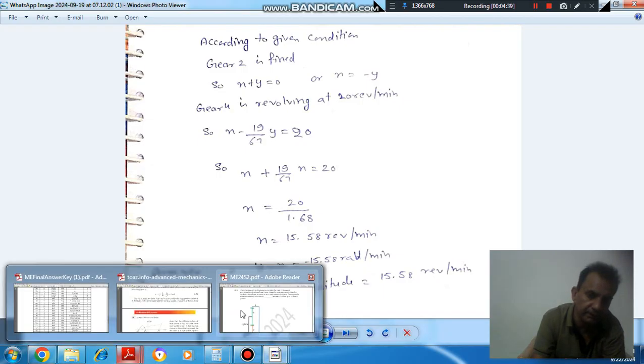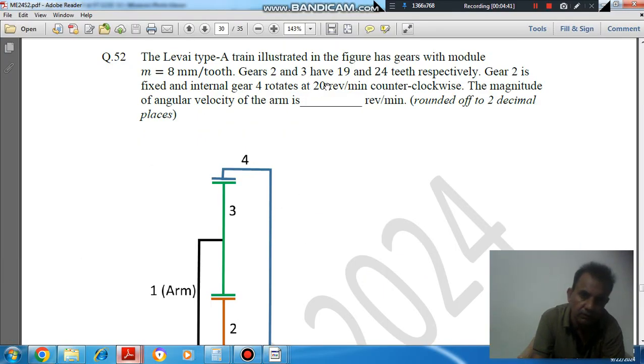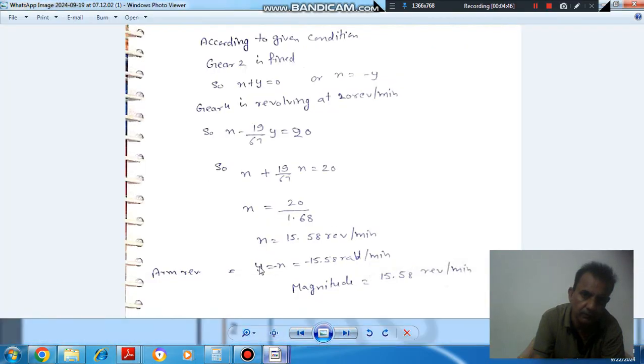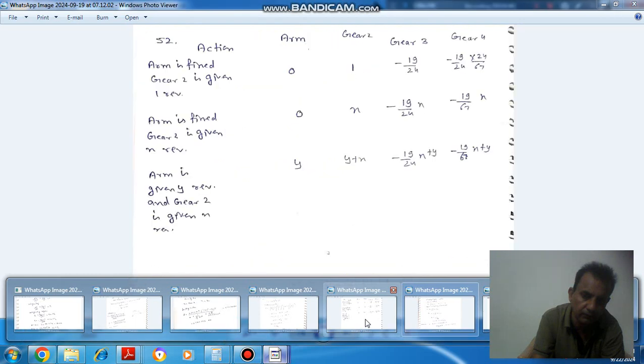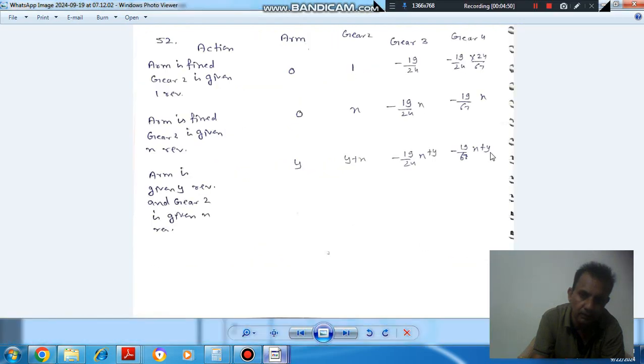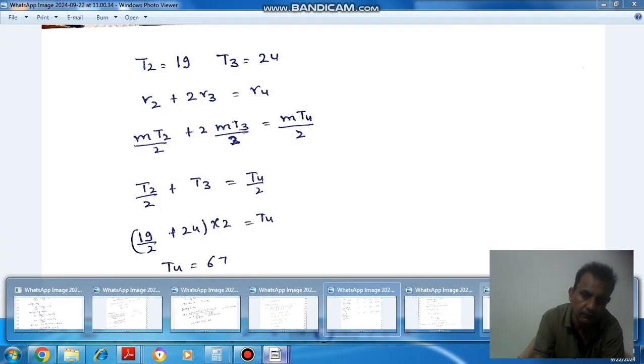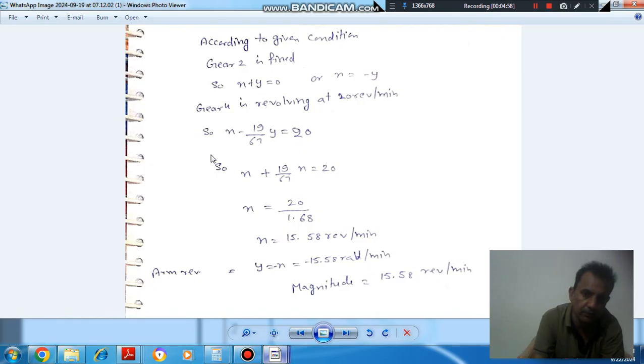The second condition is that gear 4 is given 20 revolutions per minute. So we take the revolution of gear 4, that is minus 19 by 67 x plus y, equal to 20.